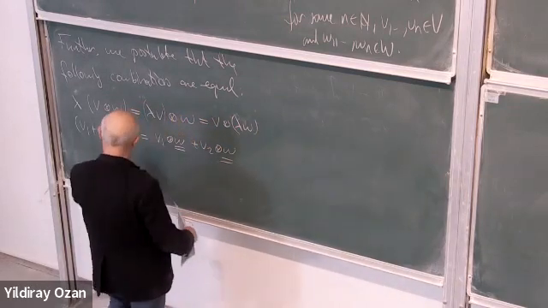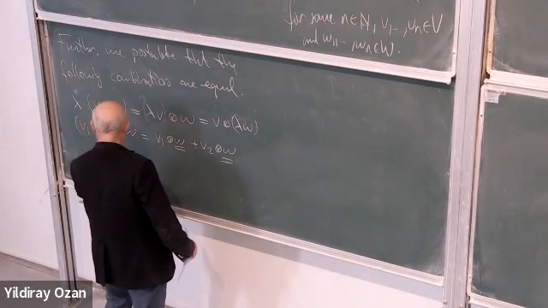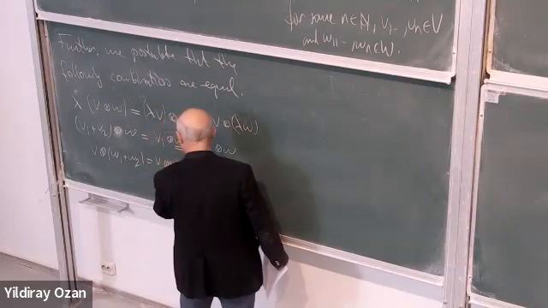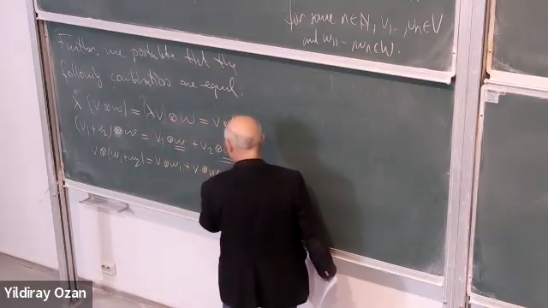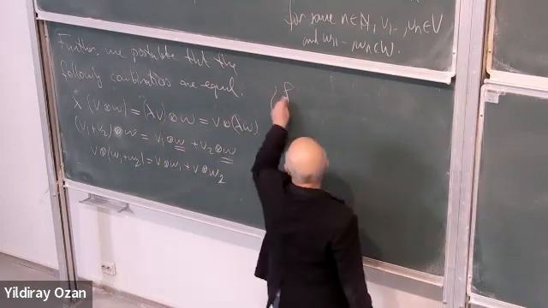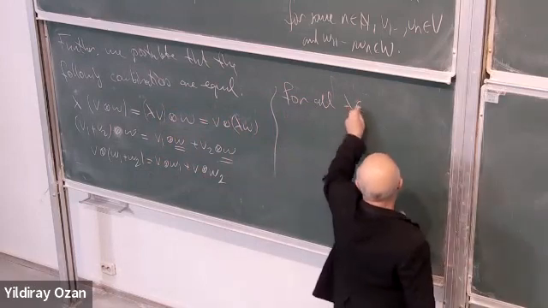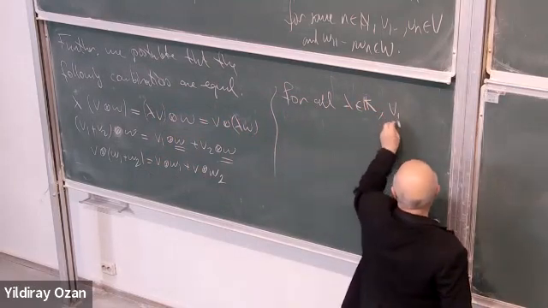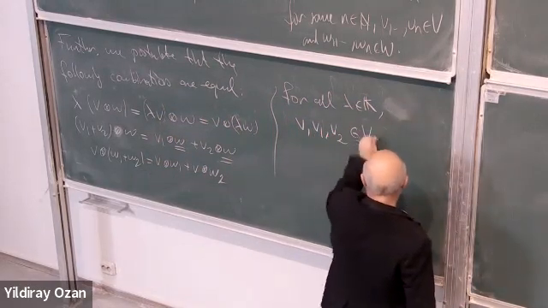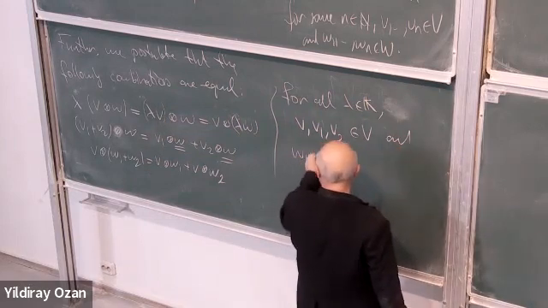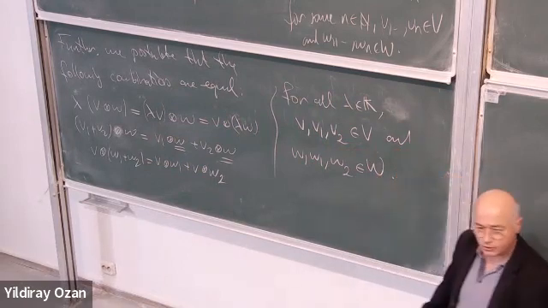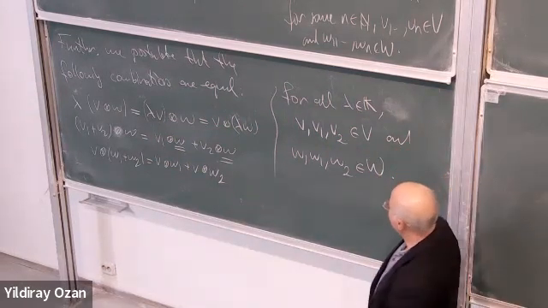And vice versa, V tensor W1 plus V tensor W2 is the same as V tensor W1 plus W2. So this should hold for all lambda in K, V1, V2 in V and W, W1, W2 in W. Okay. So that's it. This is the definition of the tensor product.